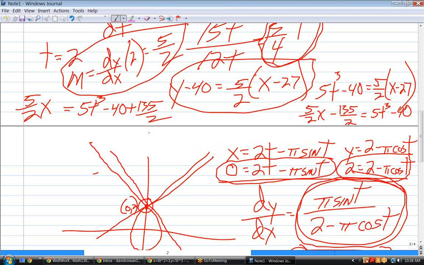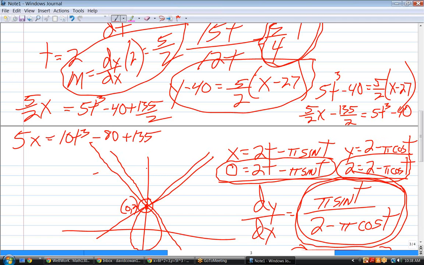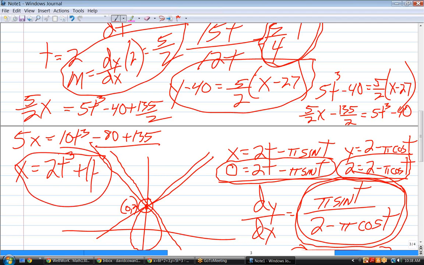Multiply everything by 2 for starters. 5x equals 10t cubed minus 80 plus 135. X is going to equal 2t cubed plus 55 divided by 5, so plus 11. There's our answer.